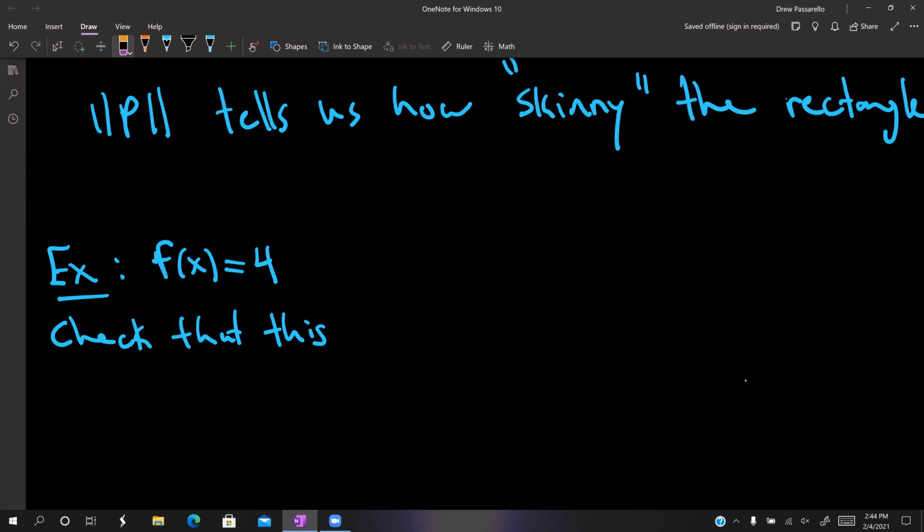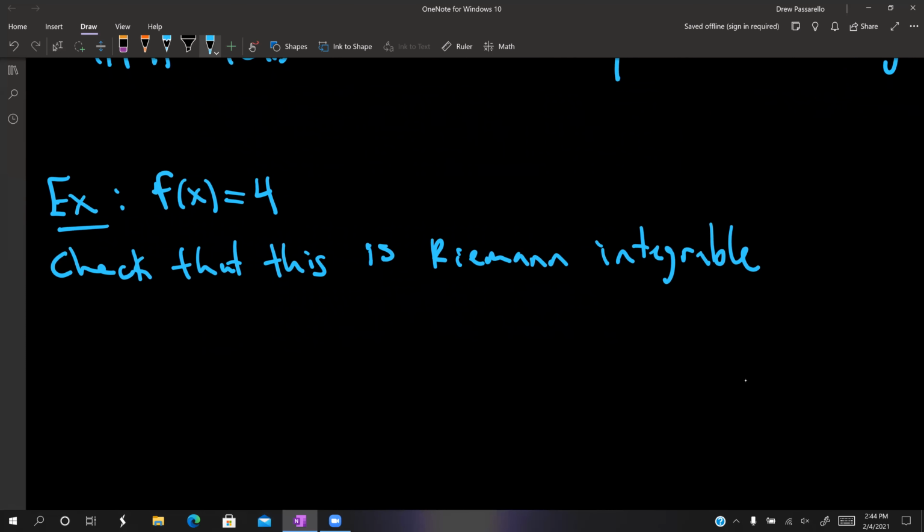So it's a constant function, so it's going to be a horizontal line. So check that this is Riemann integrable on the closed interval 2 to 7.